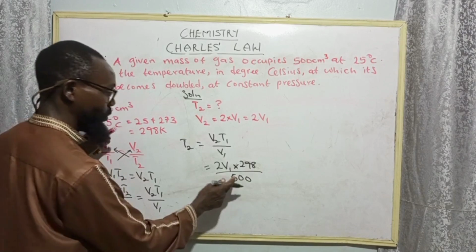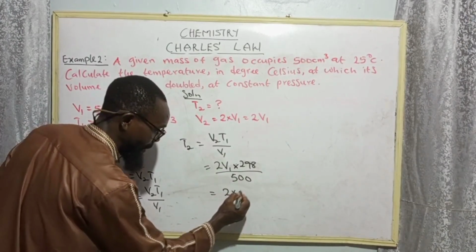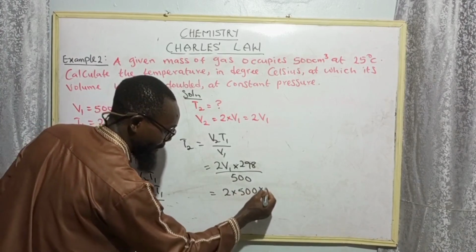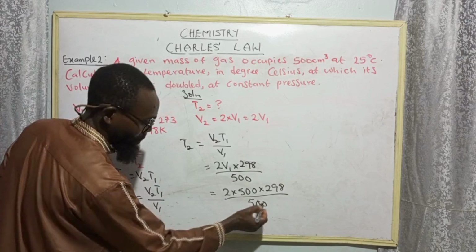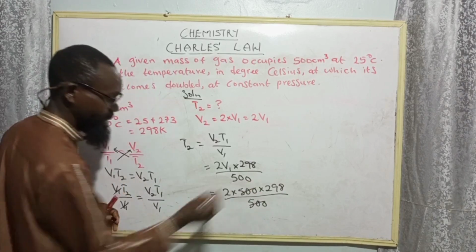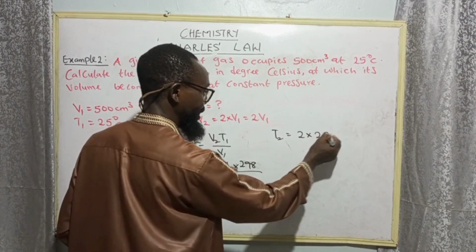Don't forget, our V1 is 500. Definitely, this V1 here will be 500 as well. 2 multiplied by 500 multiplied by 298 divided by 500. So 500 goes in 500. So our T2 will equal 2 multiplied by 298.